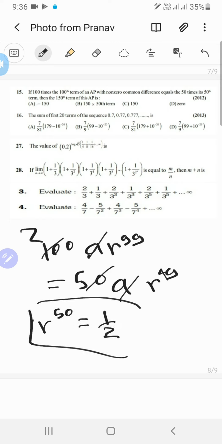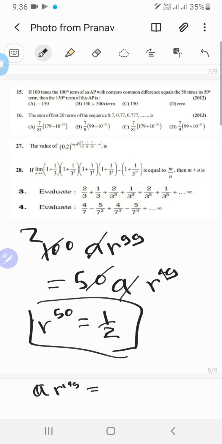Then we want to find the 150th term of this sequence. There are a lot of things. So the 150th term is going to be a times r raised to 149.